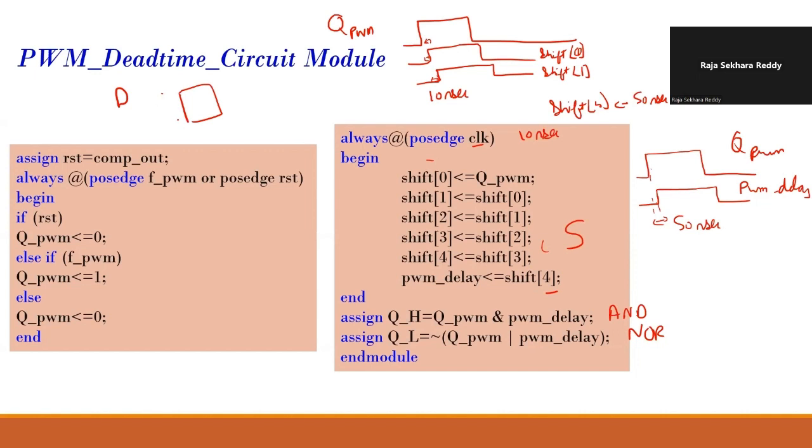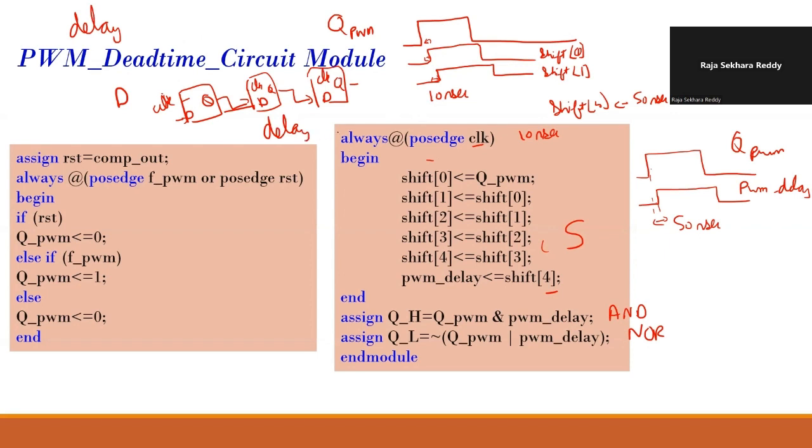This is my input Q to D, and this is my clock. Then my Q goes to the next D, with its clock and Q. So it's just like a delay register. Depending on the number of D flip flops you connect, that much delay will be there.